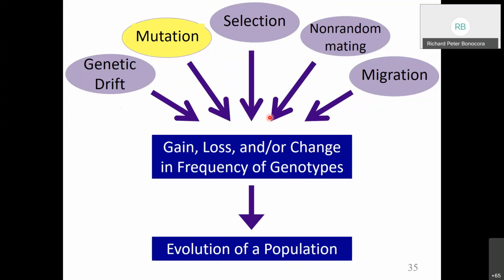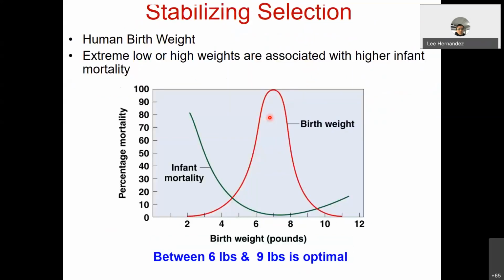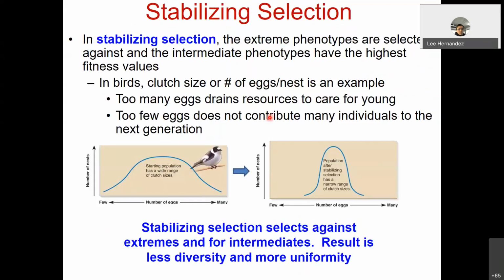Dr. Bonacora? Yes. For the stabilizing selection, are both the clutch size and the number of eggs being hatched or laid selected at the same time, or is there a correlation between the two? Well, for clutch size, they're only going to lay a certain number of eggs.